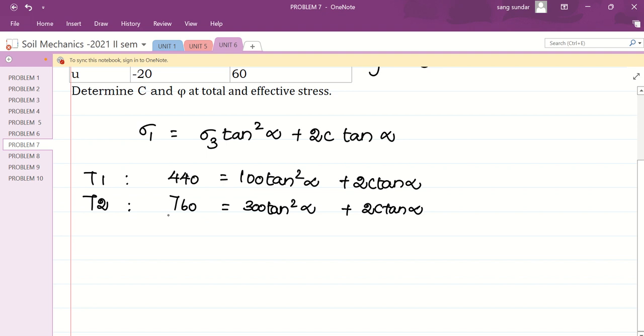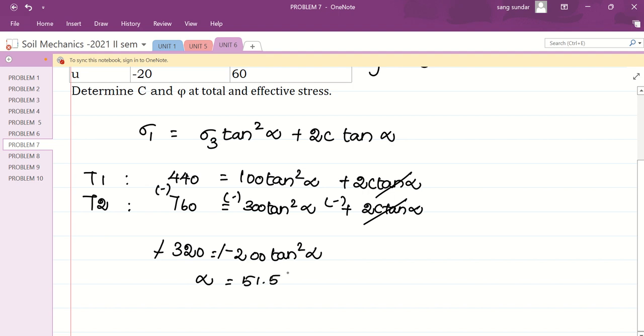What's the easiest way you can do? Just subtract them. Subtract this equation from this equation. So 2c tan alpha and 2c tan alpha will get cancelled. Here you will get somewhere around 320 is equal to 200 tan square alpha, which gives you your alpha value as 51.5 degrees.